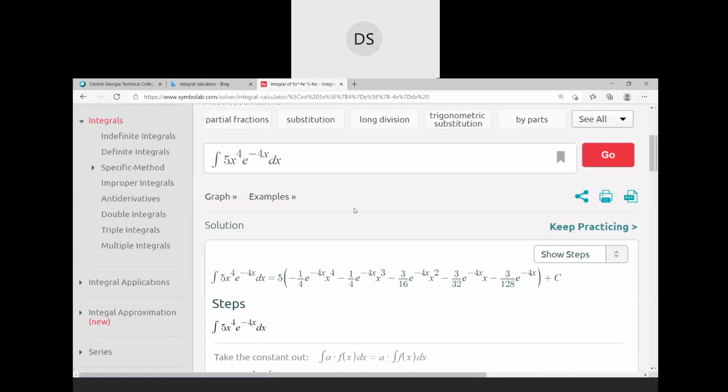It would take up a whole page, most definitely. So if you run across one like this where you are starting to use integration by parts more than twice, I don't mind y'all using an online calculator to get your answer. And you wouldn't even have to factor out the 5, but Symbolab did for some reason, which is fine.